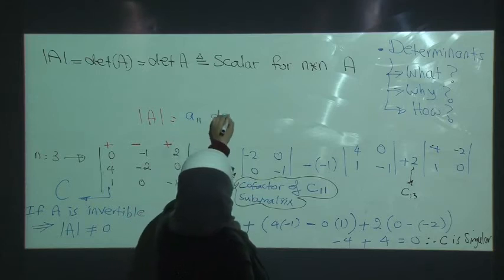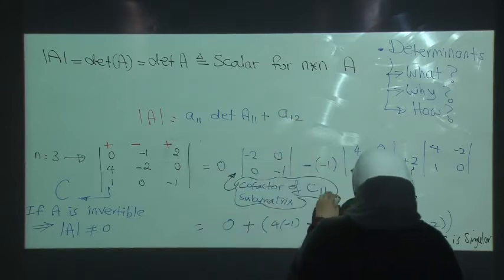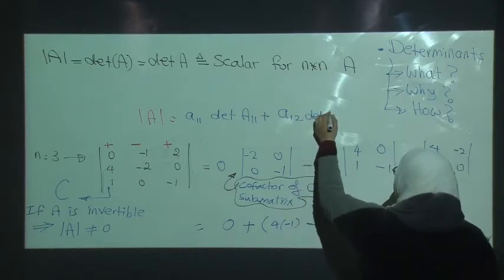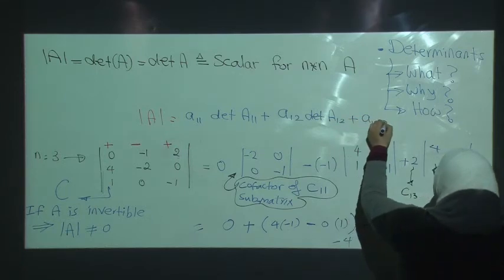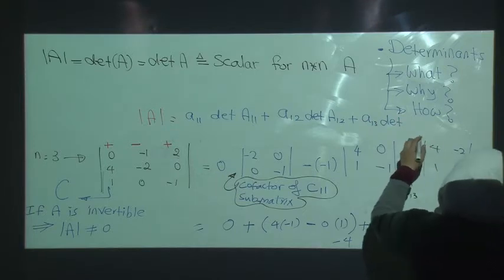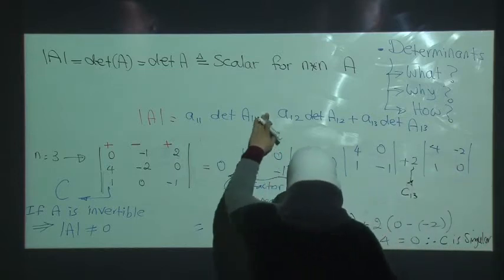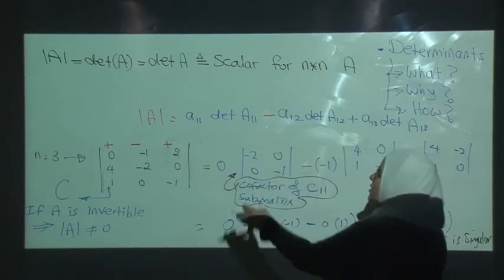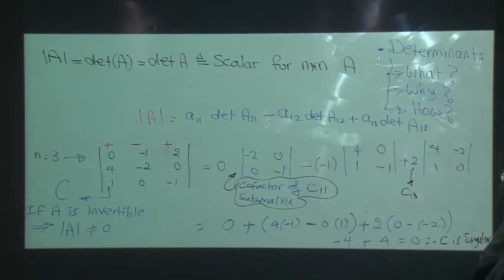Or we can say it's the determinant of A11, plus A12 times the determinant of A12, plus A13 times the determinant of A13, which seems that this was minus. Let me write it with a different color here. So we had a positive product, in addition to a negative product, in addition to a positive product. It seems that the sign is alternating.